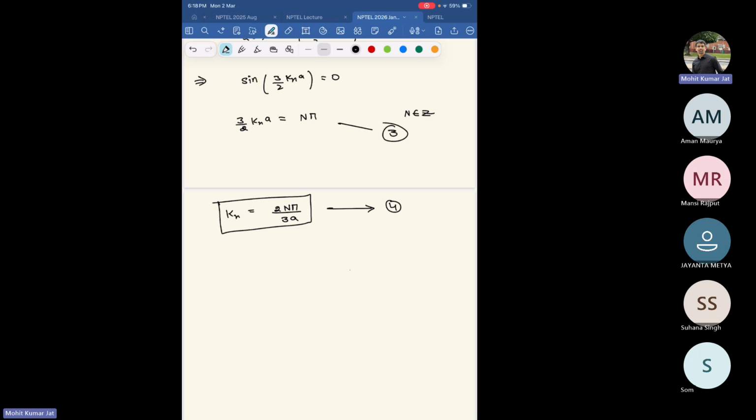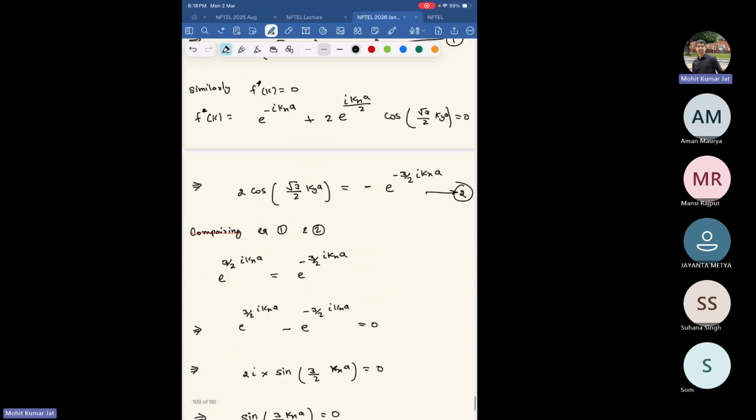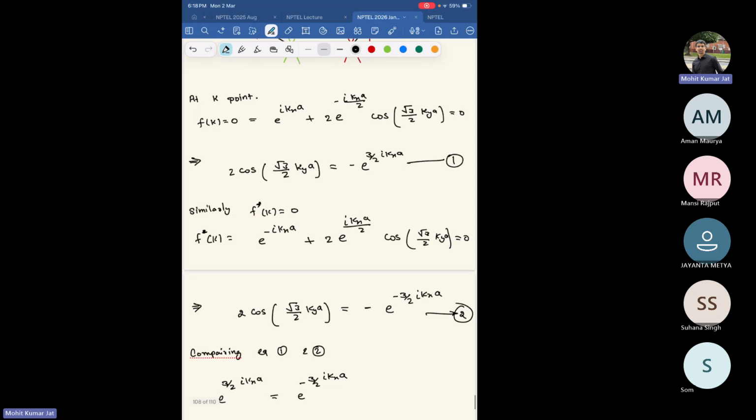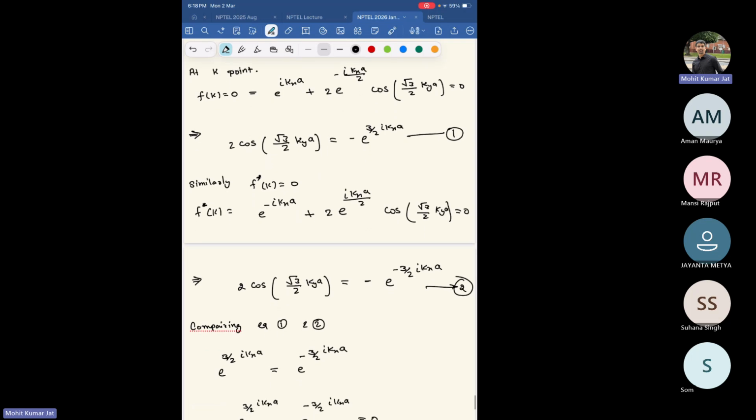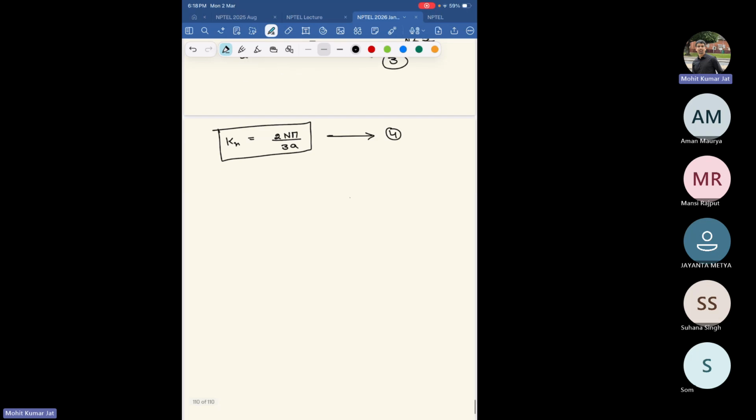Now since we have the kx, in equation 1 and equation 2, either of them we can use to determine the ky. And if you know the kx and ky, we know the position of the Dirac point, because the position of the Dirac point is nothing but kx and ky.